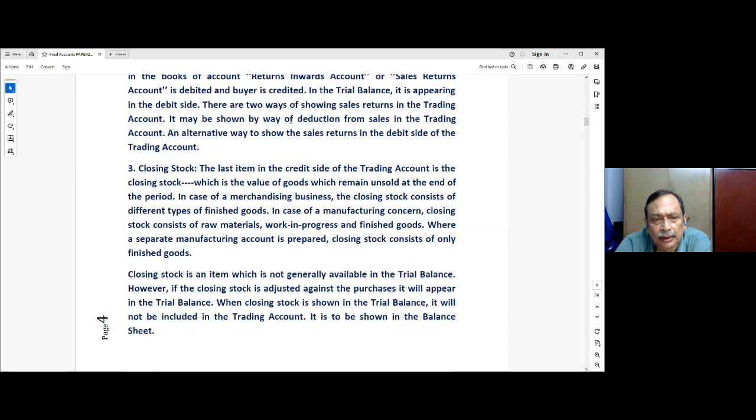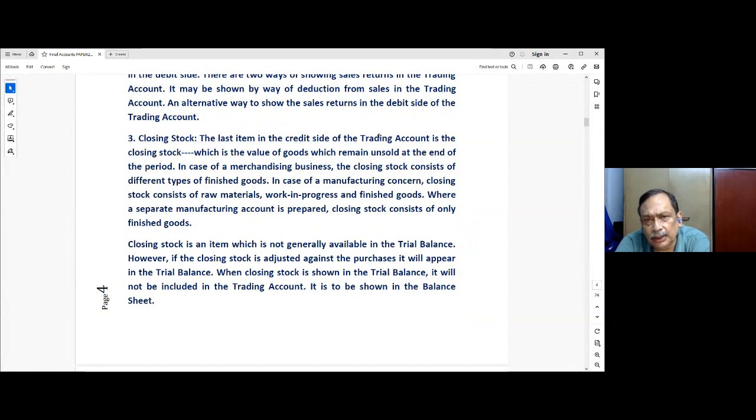Now we are coming to number three, that is closing stock. The last item in the credit side of the trading account is the closing stock, which is the value of goods which remain unsold at the end of the period. In case of a merchandising business, the closing stock consists of different types of finished goods.